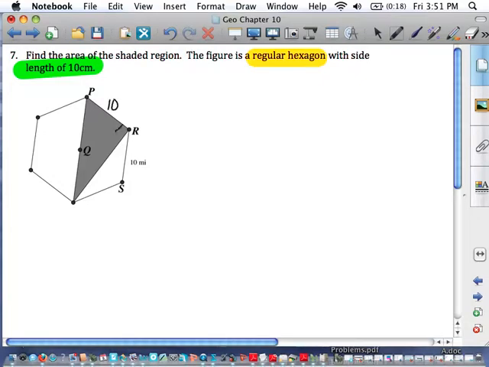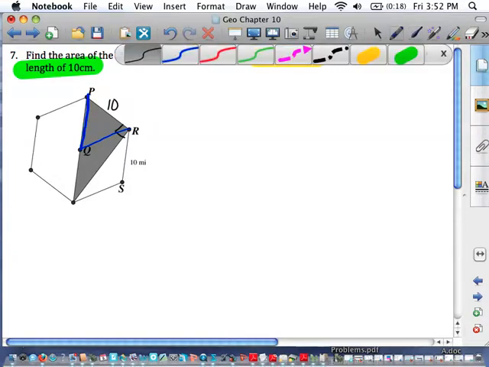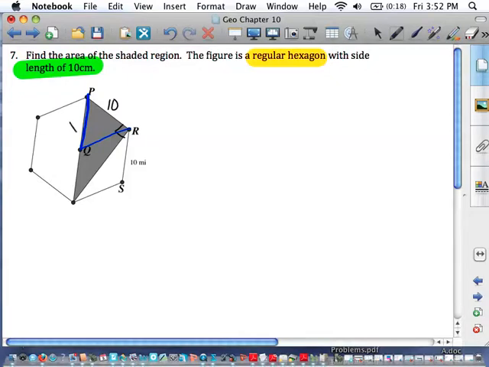If you look, we have a right angle here. Remember that this is an equilateral triangle. So therefore, each of those radii is 10. So they are both 10. So now, if we focus on the shaded region right here, I have a right triangle.